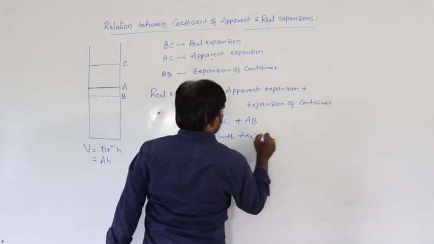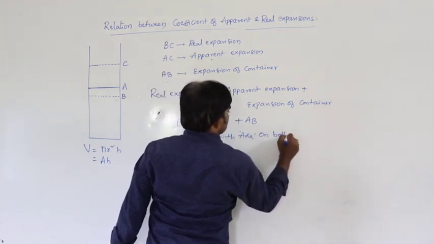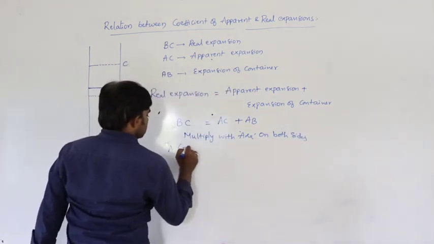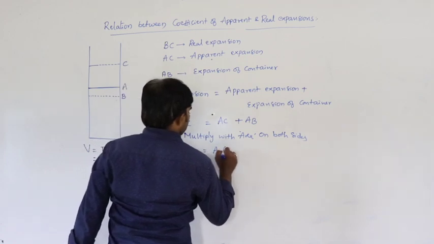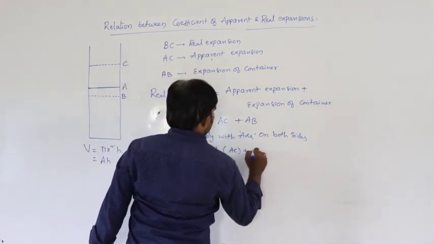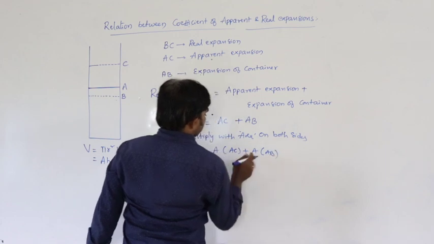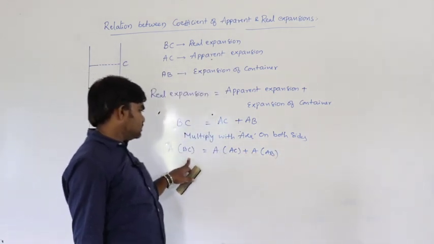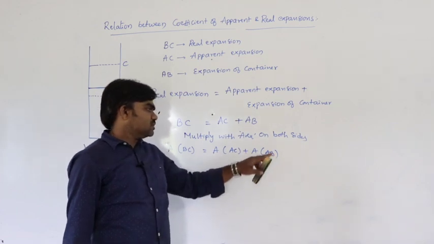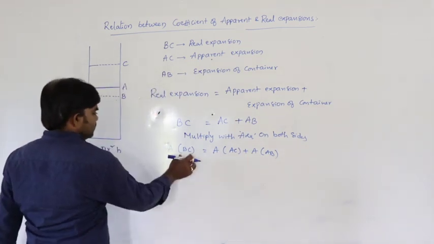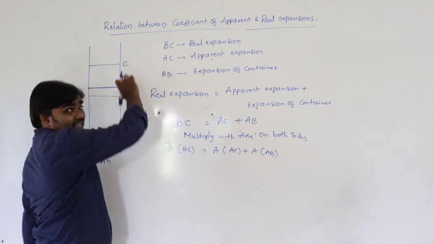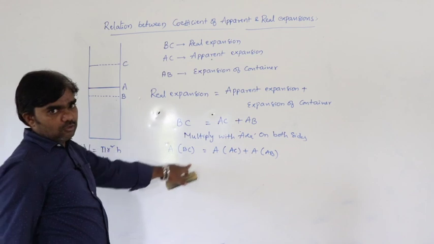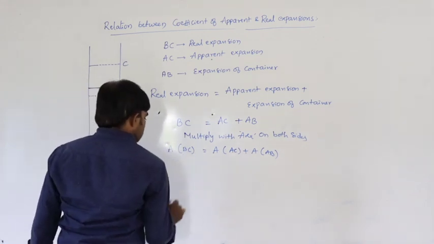So that means A into BC is equal to A into AC plus A into AB, where A is the area of cross section. What is BC? Real increase in volume. Area into length is nothing but volume.